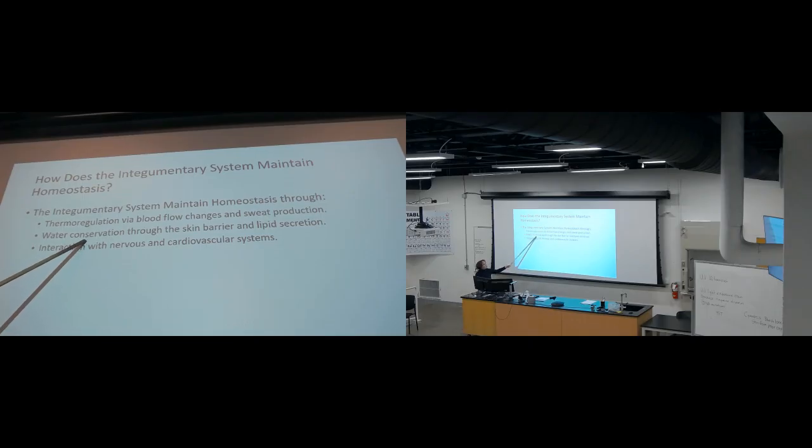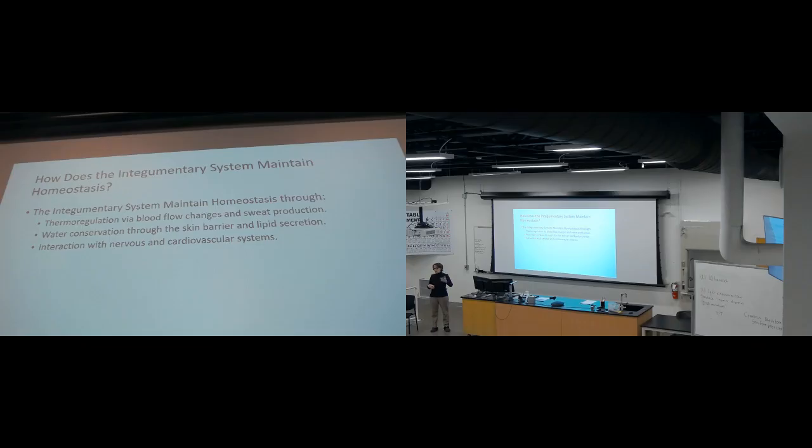And then our environment is dry, so we try to preserve water by having this keratin in our skin and secreting lipids. And then also we have interaction with the nervous and cardiovascular centers. So how do we regulate this body temperature? How do we increase and decrease the blood flow to the skin?